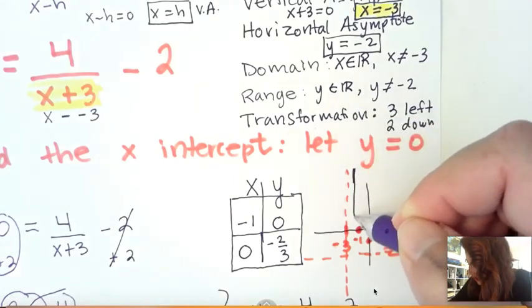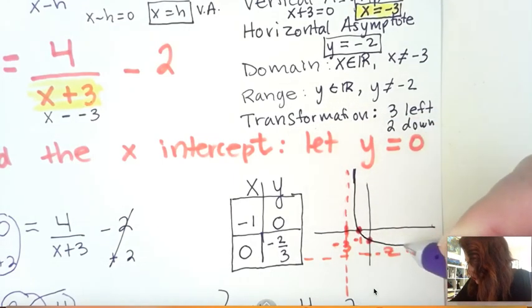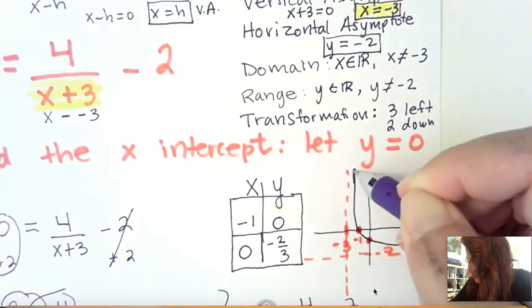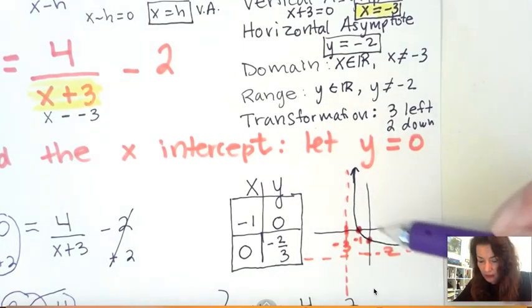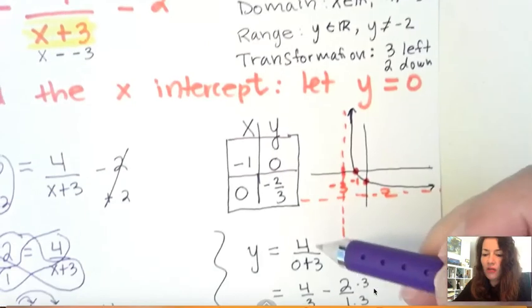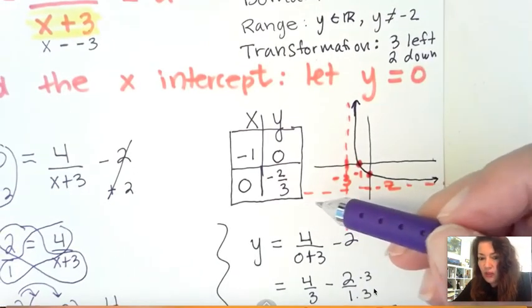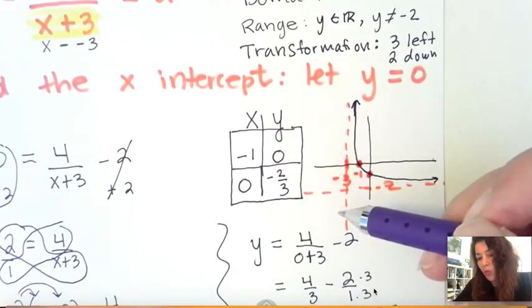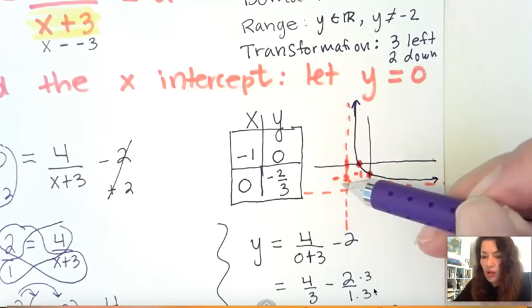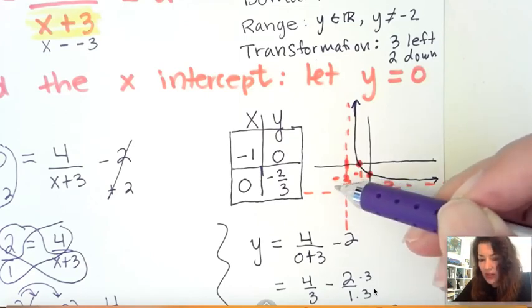Now, to sketch the graph, this is a sketch. It's not exact. I'm going to go through my 2 points and towards the vertical and horizontal asymptote. On the left side, if you wanted to know exactly where to put at least 1 point, all you need to do is go left of -3.